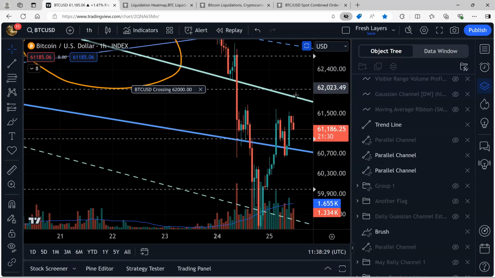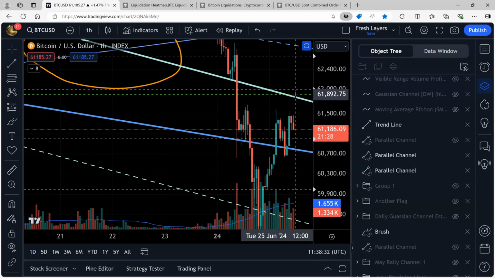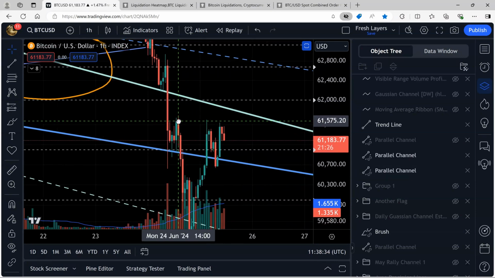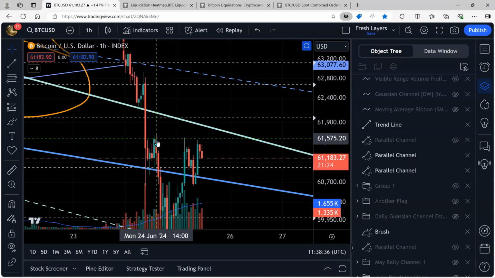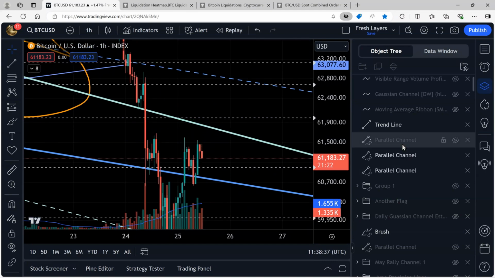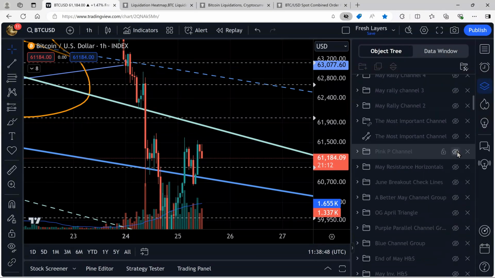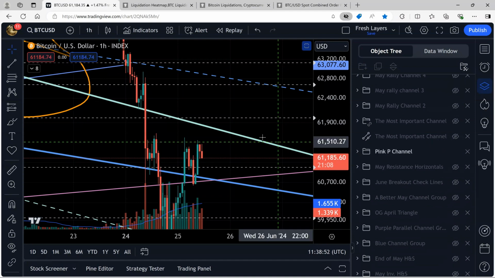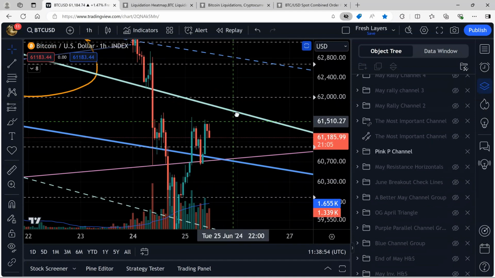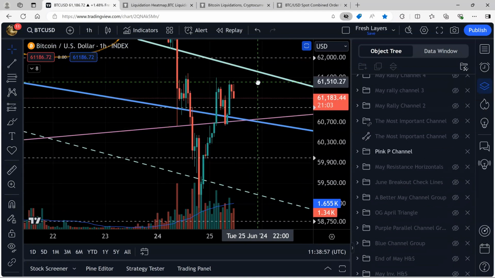So we should come back up here, hold that as support, and so you can clearly see right now. This is what I did want to show you, and I will turn on our pink parallel channels now, and our blue channel group. Well, let's just do the pink parallel channels here, because on the hourly you can see what's going on.